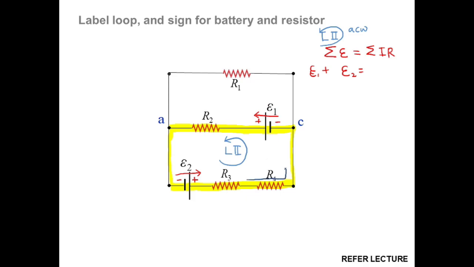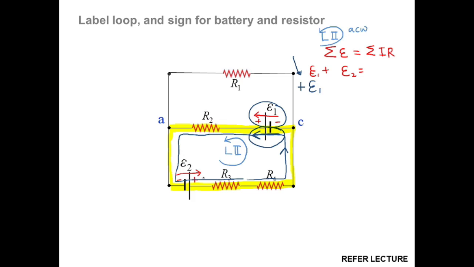The direction of the loop is anti-clockwise. If we compare the direction of EMF number 1 and the direction of the loop, the direction is the same, so EMF number 1 will be positive. We assign positive because the direction is the same.